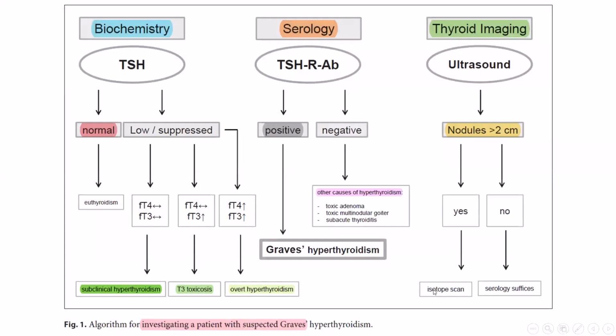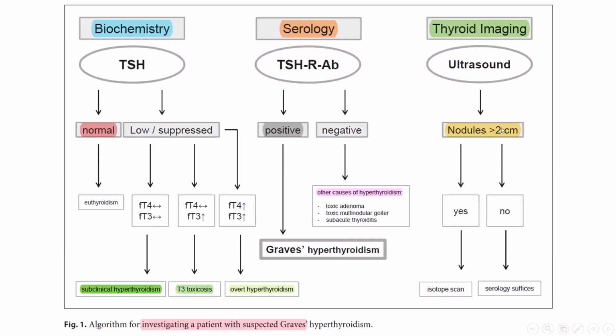If the isotope scan shows focal uptake, this is a toxic adenoma, not Graves disease, and the management of toxic adenoma is usually radioactive iodine ablation or surgery. And we give antithyroid medication just as preoperative preparation.